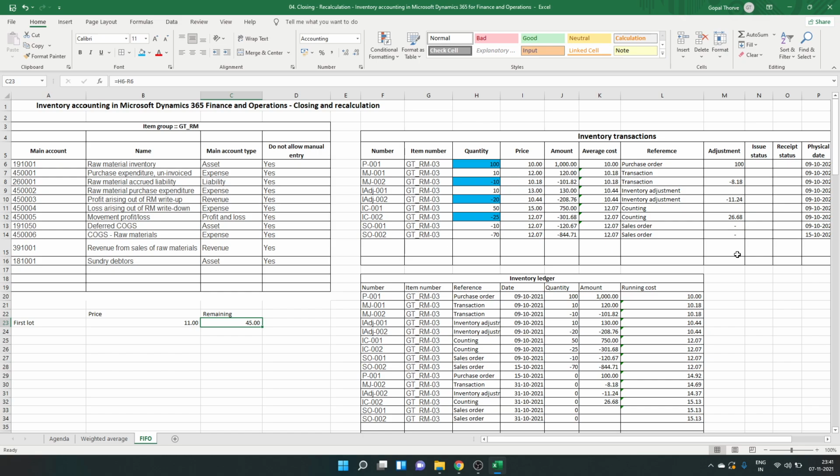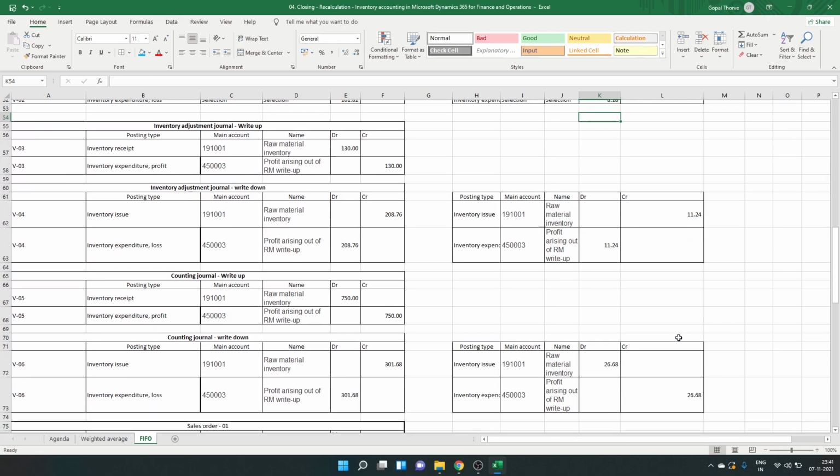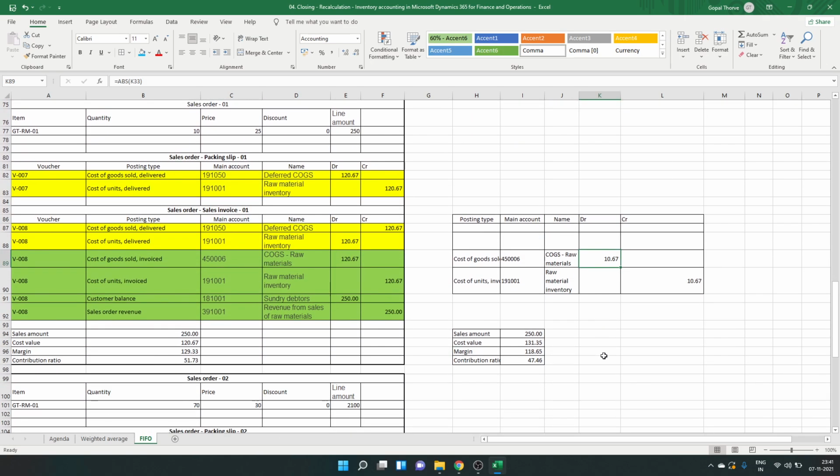So for this sales transaction, again the settlement will happen from the first lot itself, into where is that sales transaction 10 quantity, and system has already posted 120.67 as COGS, so it will be minus this, 10.67.